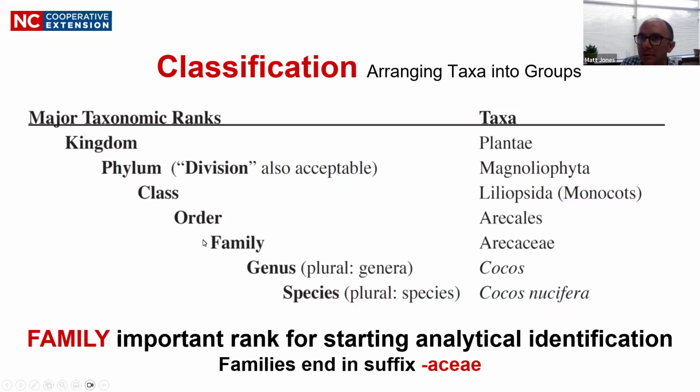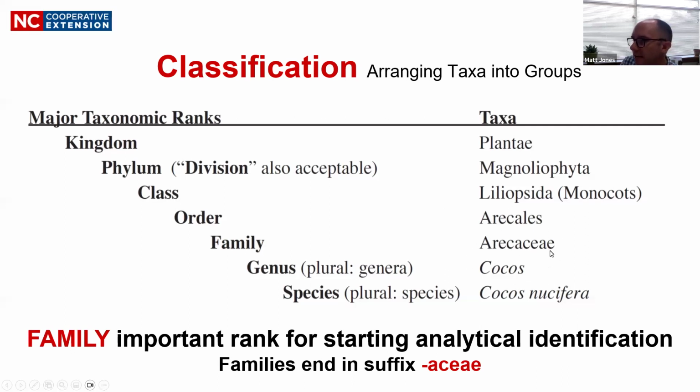Some people will use it as a general word for a group of plants. But a family is a specific taxonomic rank. And families in the plant kingdom are indicated by the suffix -aceae. So anytime you see -aceae, that's referring to some sort of family level rank.